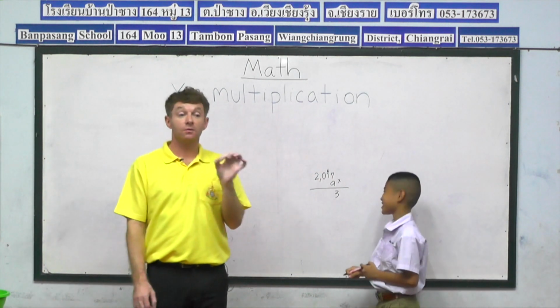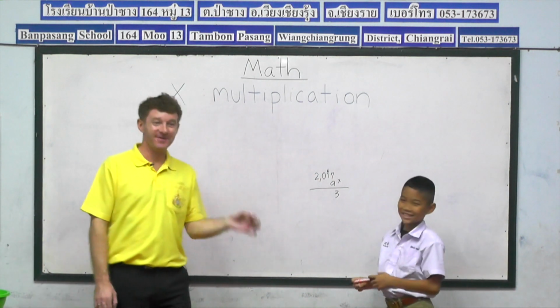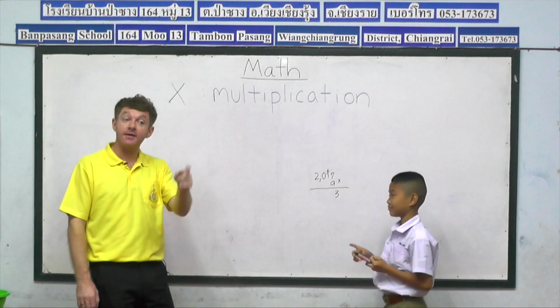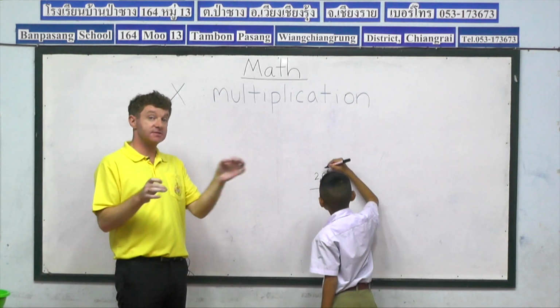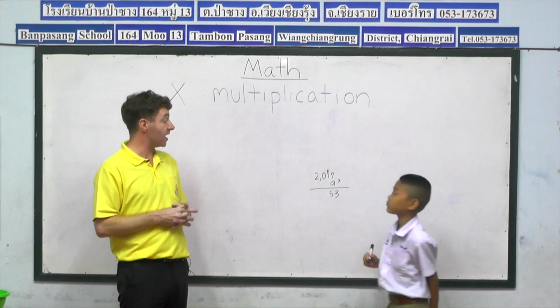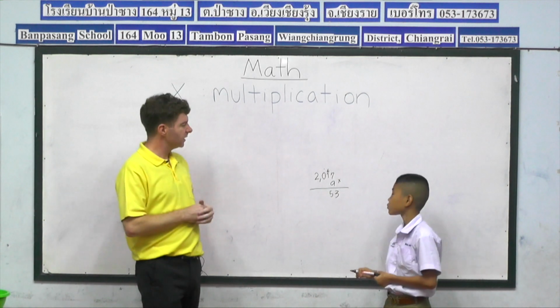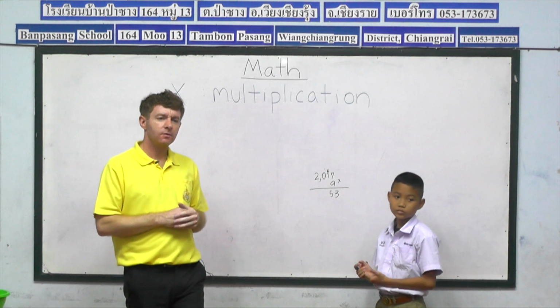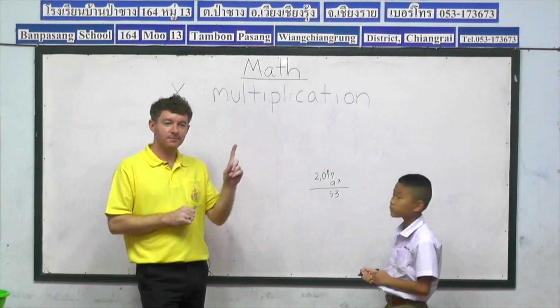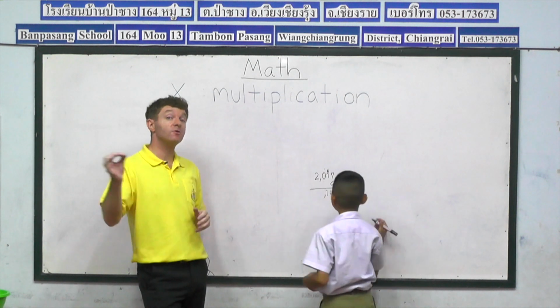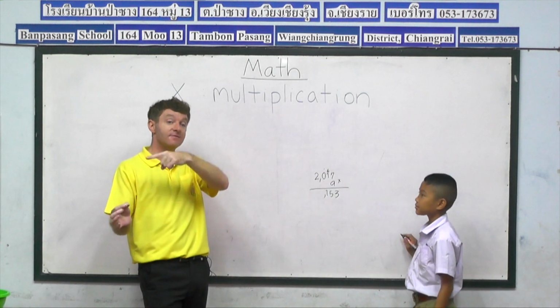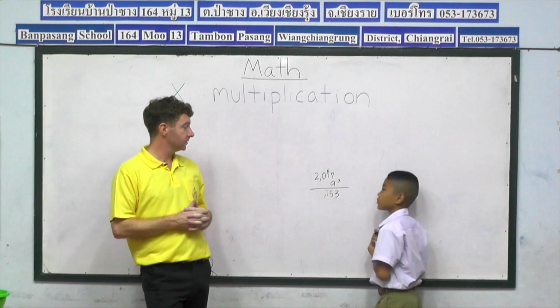So now, 9 times 1 equals 9, plus 6 equals 15. So we write the 5, carry the 1. 9 times 0 equals 0, plus 1 equals 1. Excellent, guys. And then our comma, because we're going from hundreds into thousands. 18.